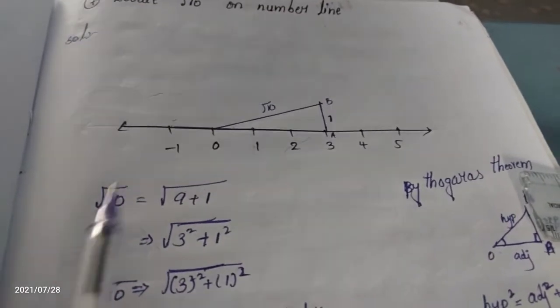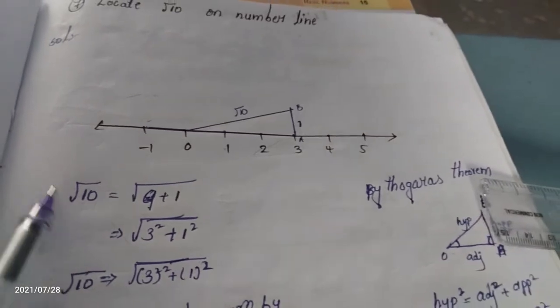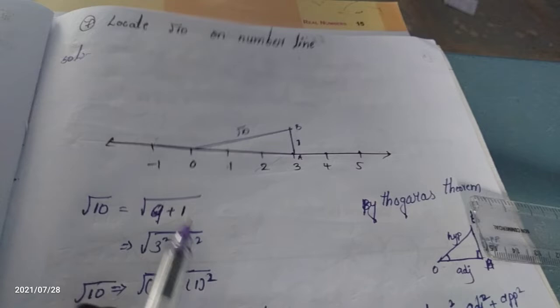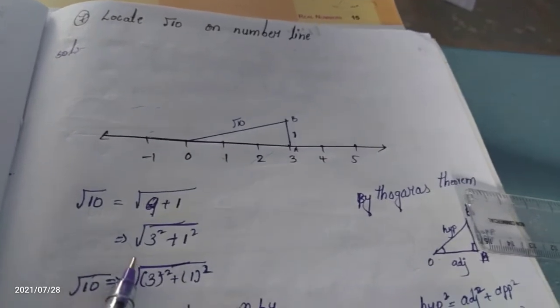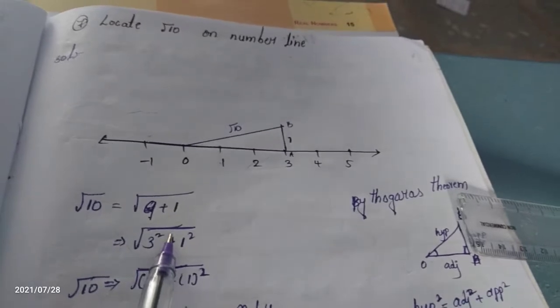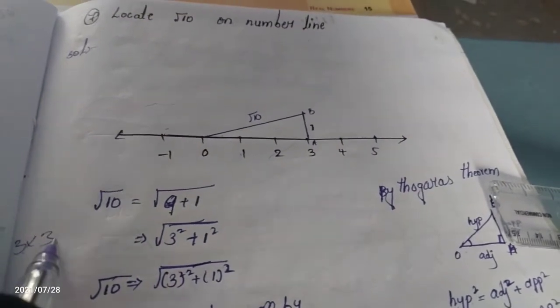Root 10 is there. Under root, 10 can be written as 9 plus 1. In the next step, the root is as it is. 9 can be written as 3 square. 3 square can be written as 3 into 3, and 3 threes are 9.